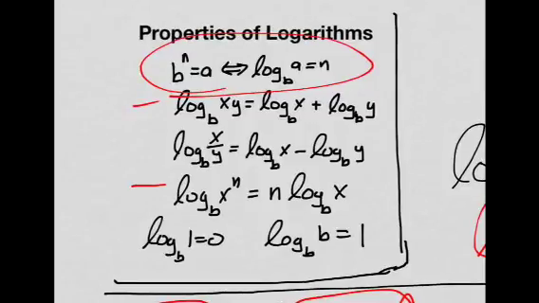If I want to do any operations with logarithms in an equation, this is everything I can do. If it's not one of these things, there's nothing I can do. So we're really limited in our operations. Sometimes it's good to condense it down to one log. Sometimes it's good to expand it into many.